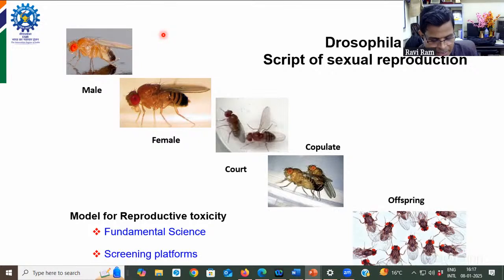As I said, coming to that script, you have a male and a female. They get to know each other, what we call courting or mating, which ultimately culminates in copulation. Subsequent to that copulation, females start producing a lot of offspring.